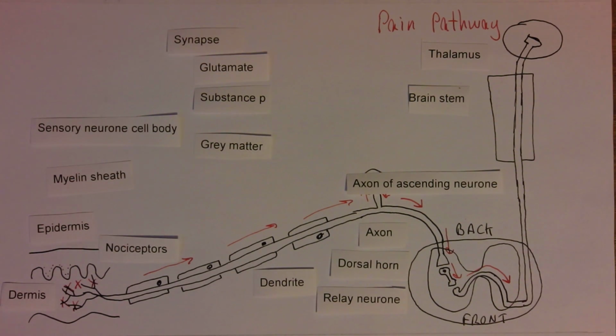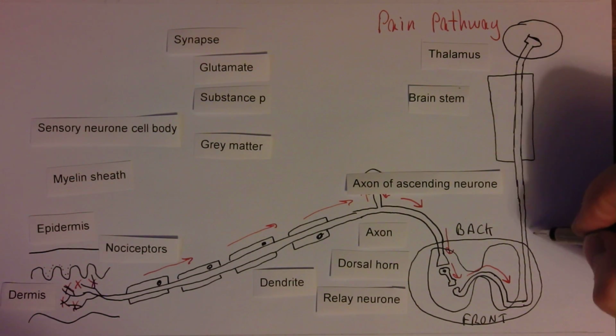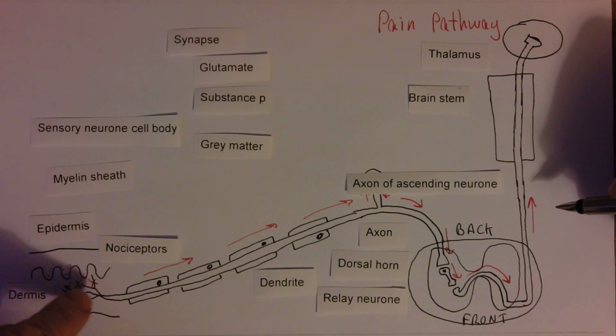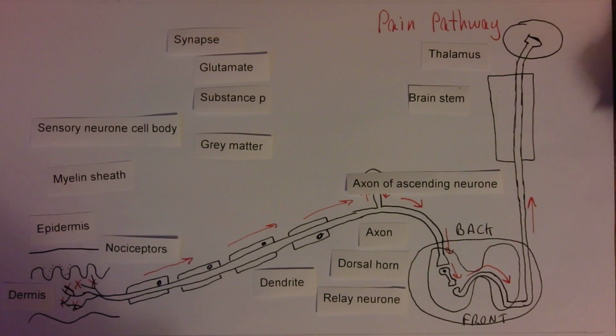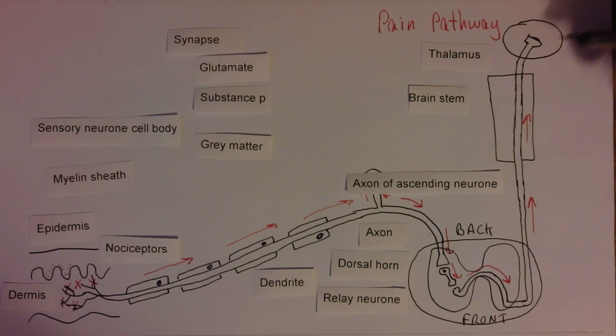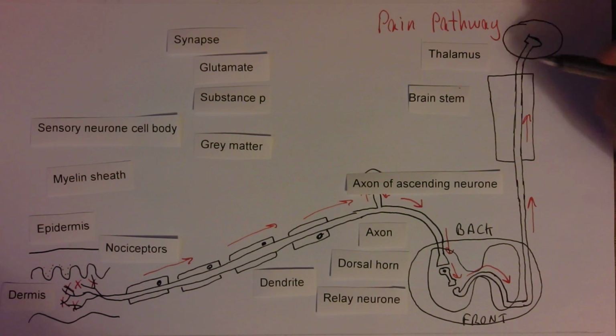So the impulse has now gone up the opposite side of the spinal cord. So the pain was generated there, it's gone up the opposite side of the spinal cord. It's gone up from the right side. So now this is now on the left side of the brain. There's two thalamic nuclei. There's one on the right and there's one on the left. So the impulse has gone up to the thalamus.